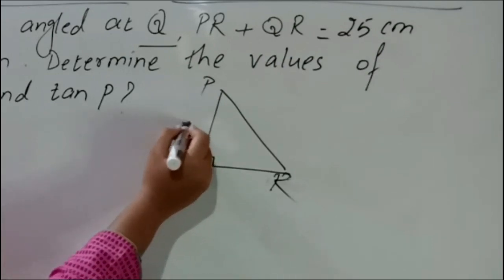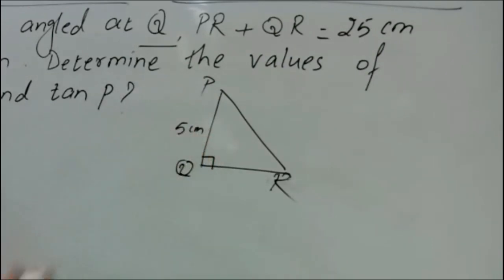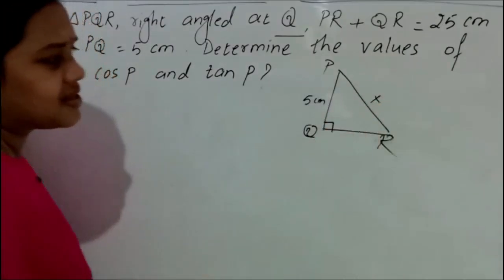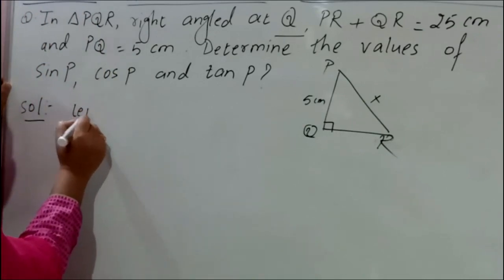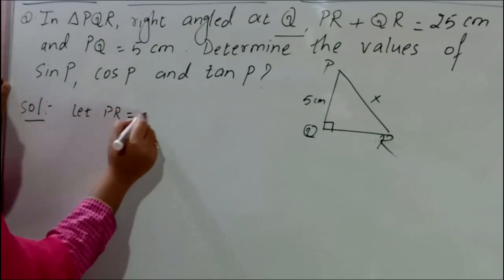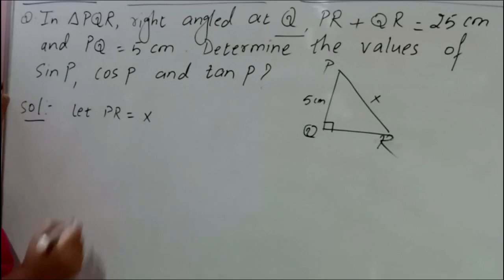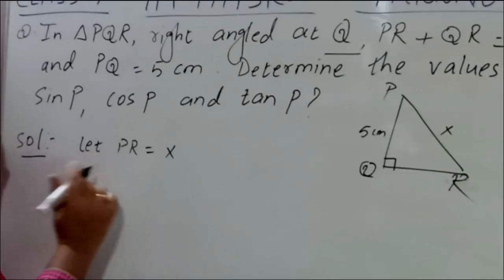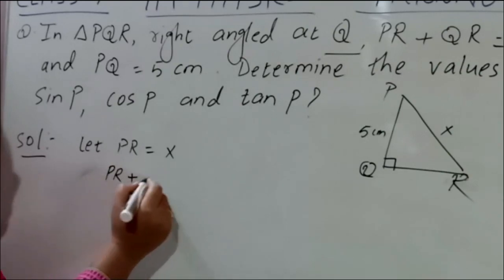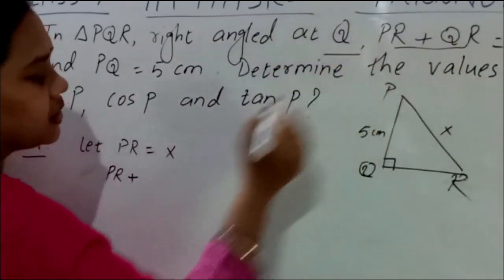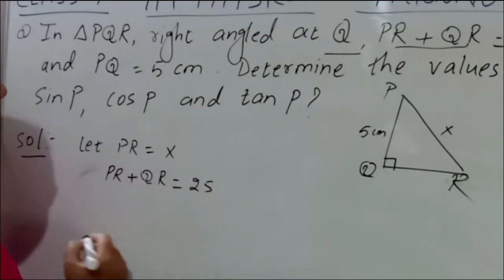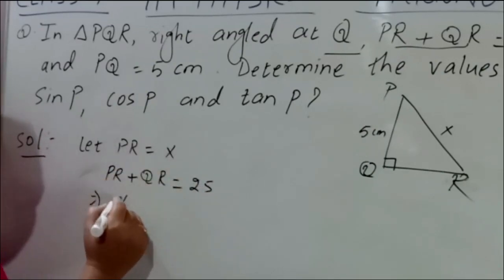PQ is given as 5 centimeters. So here we consider PR as X. Let PR be equal to X. PR plus QR is 25. Then how much do we consider QR?